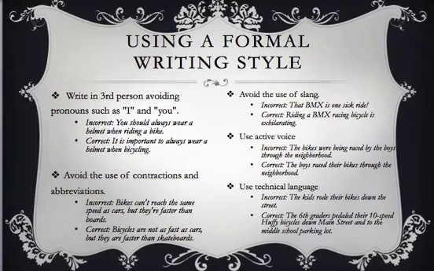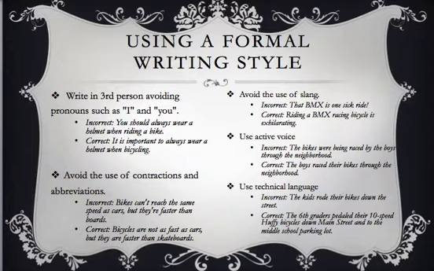You are giving facts, telling about something new. So, an incorrect way to do it is, you should always wear a helmet when riding a bike. No using you or I. A correct way to say that same thing: it is important to always wear a helmet when bicycling. So remember that. No I and you.